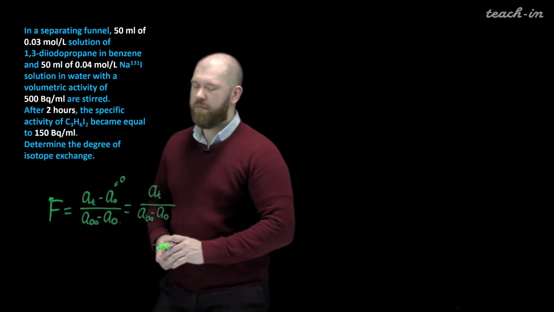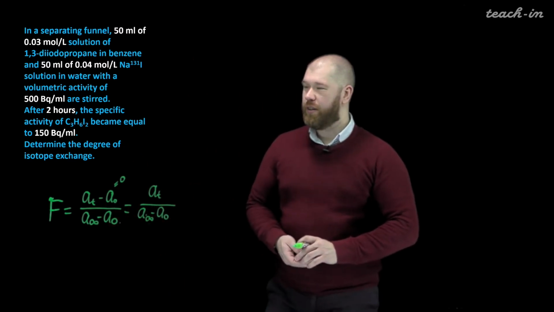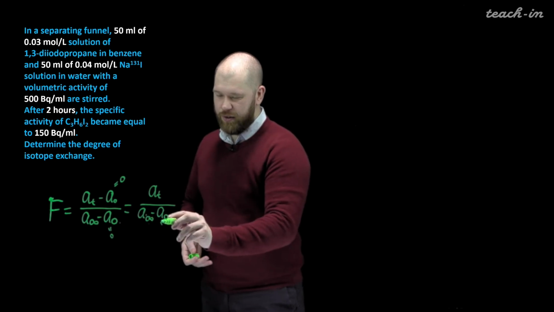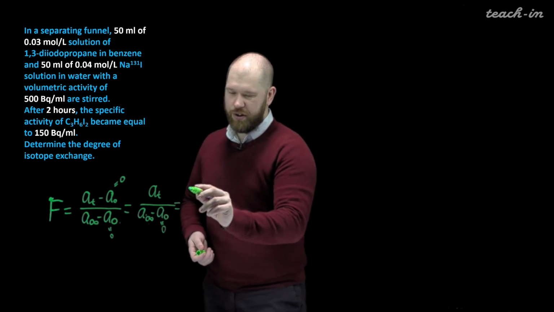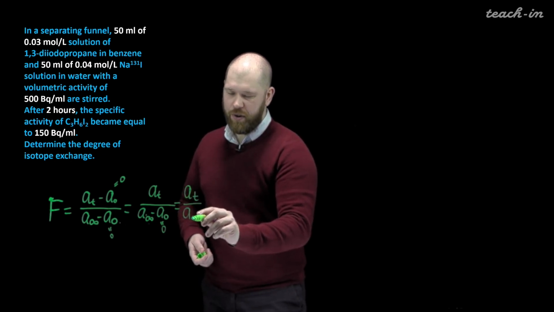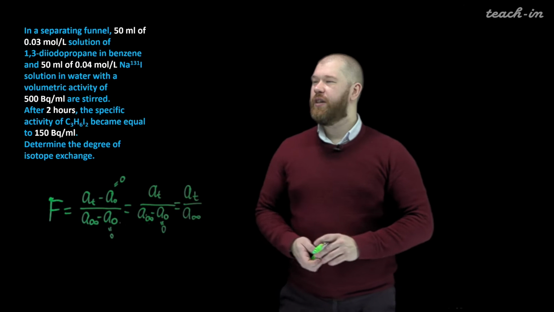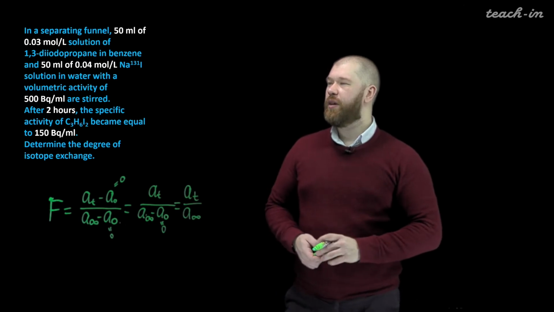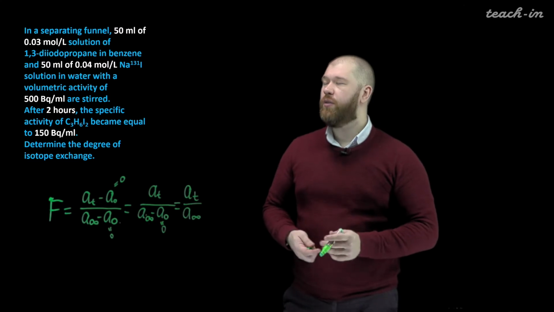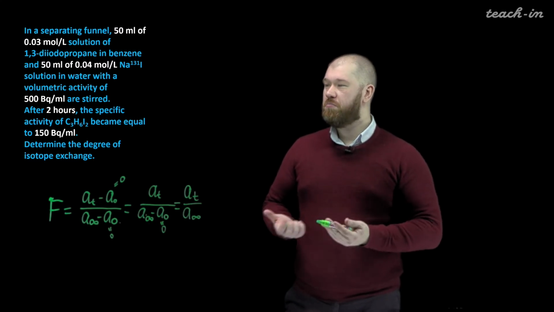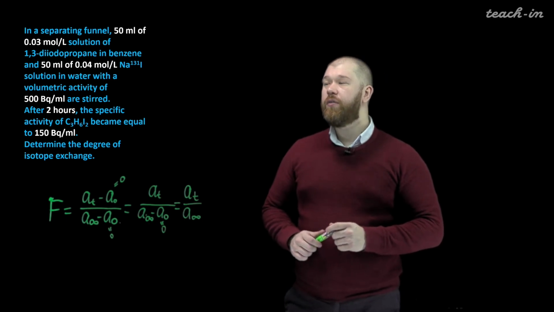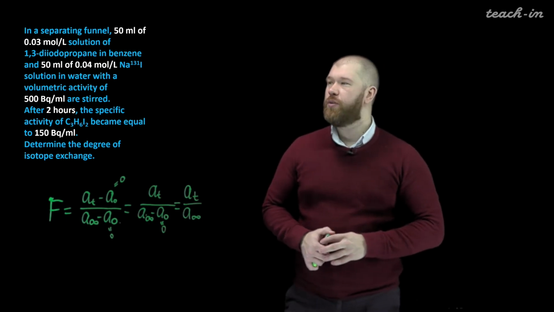Yeah, sorry, so this is the correct equation, and again A initial is also 0. So the expression will be rather simple: it is the activity of our diiodopropane divided by the activity of diiodopropane at equilibrium. So we should first calculate what the activity of our diiodopropane would be when equilibrium is reached.